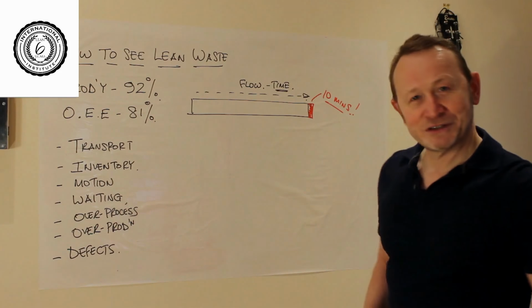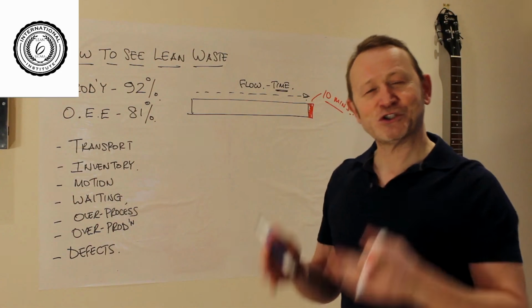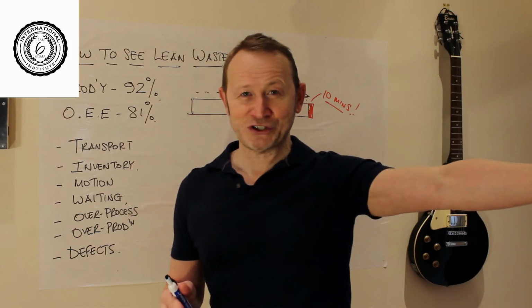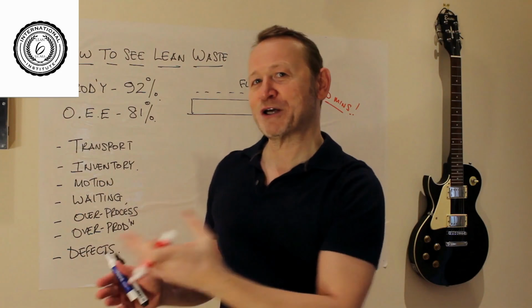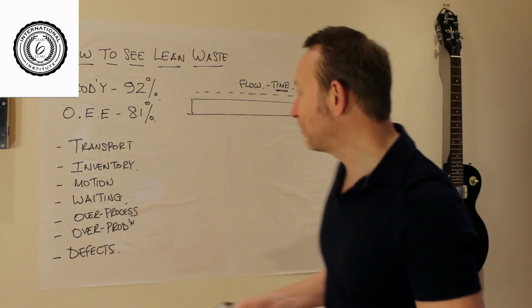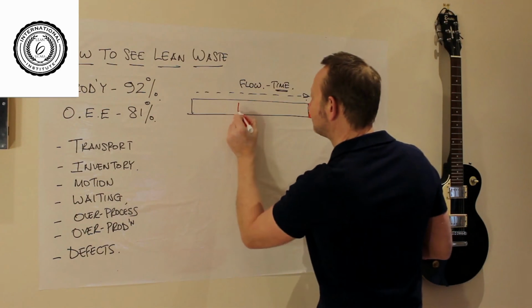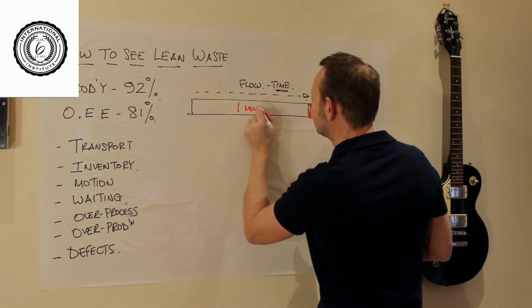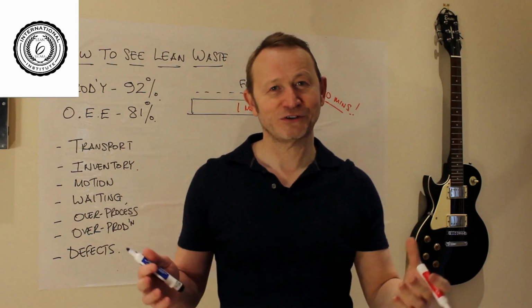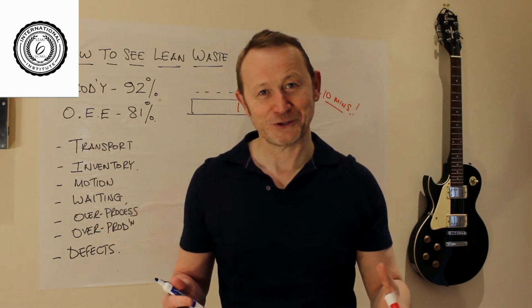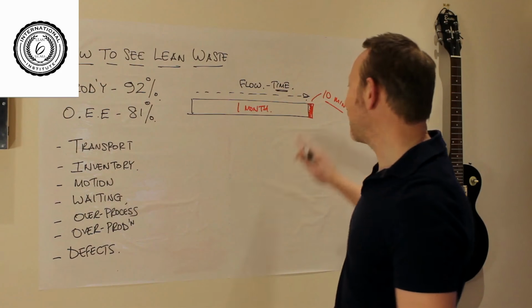How much time did the product spend? How much time did the steel? So when a piece of steel arrived, if I put a sticker on it and followed the sticker all the way through, how long would it take to get out of the building? Well, it would take 1 month to get out of the building. So 1 month compared to 10 minutes.